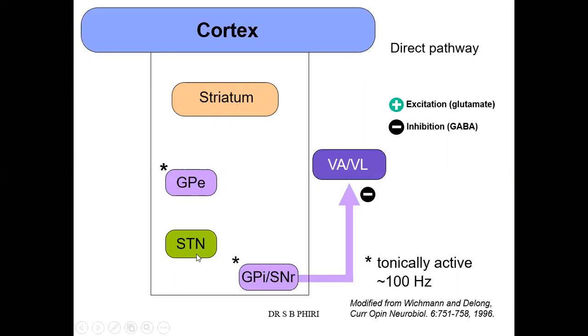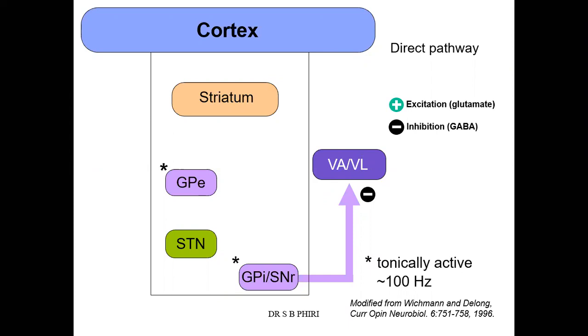On the other side, you have the substantia nigra. Then you have the thalamus, those two nuclei, the ventral anterior nucleus and the ventral lateral nucleus of the thalamus, that will contain the neurons that are projecting to the cortex to stimulate those upper motor neurons that will descend down to the spinal cord or to the brainstem to stimulate the lower motor neurons that are stimulating the actual muscles for contraction.